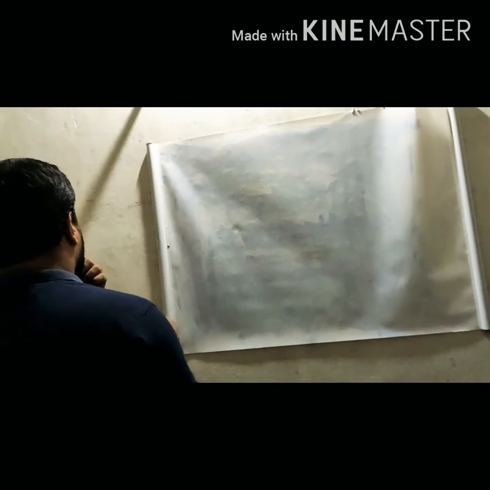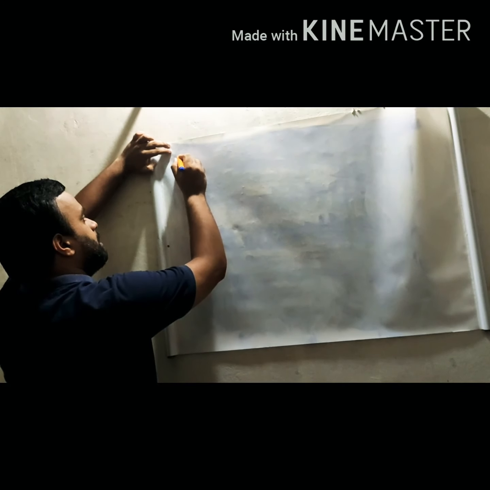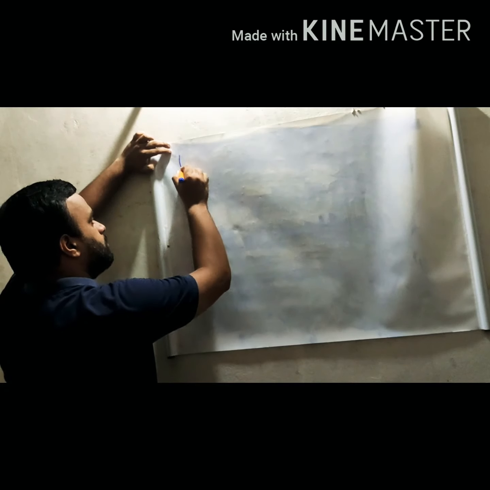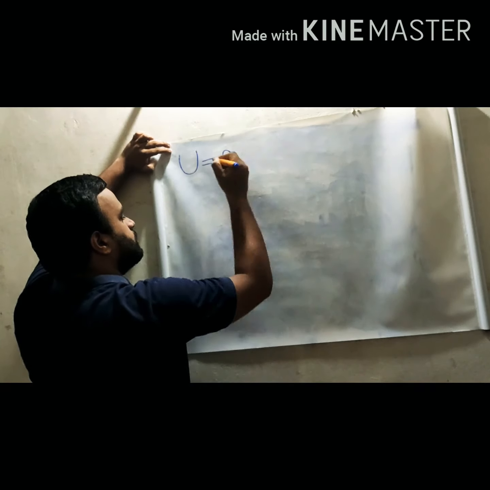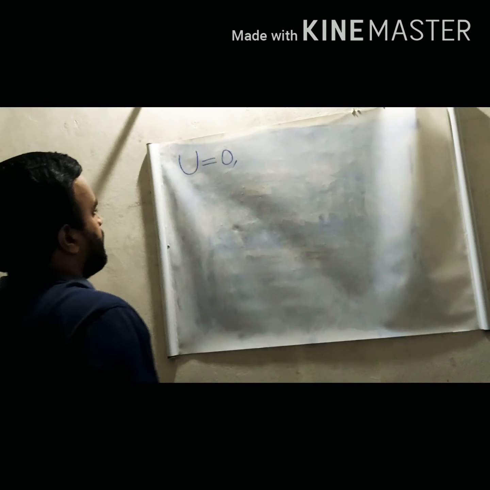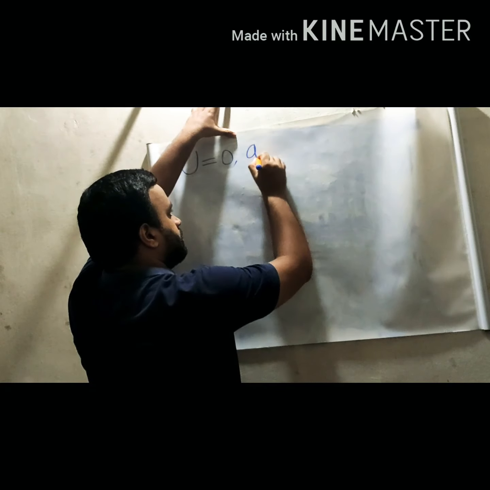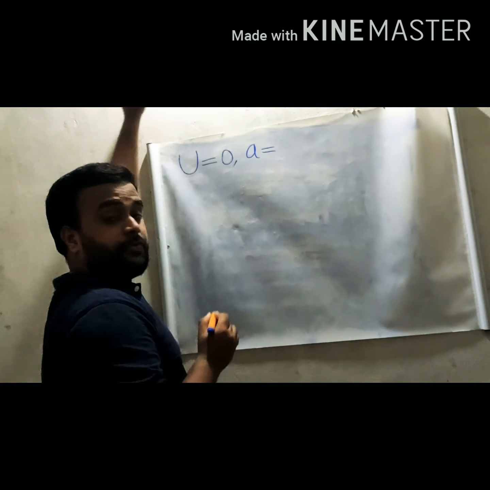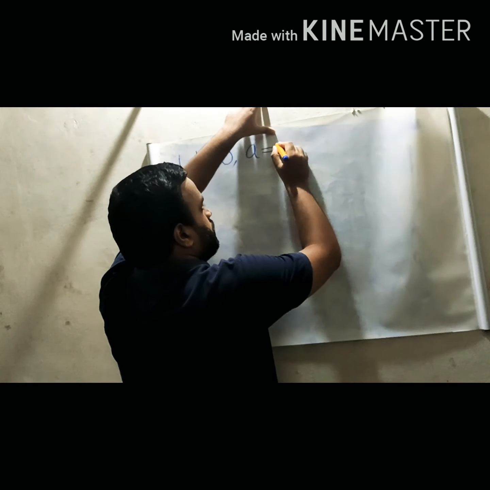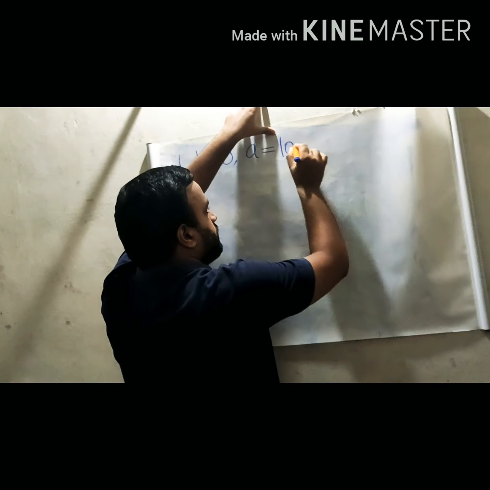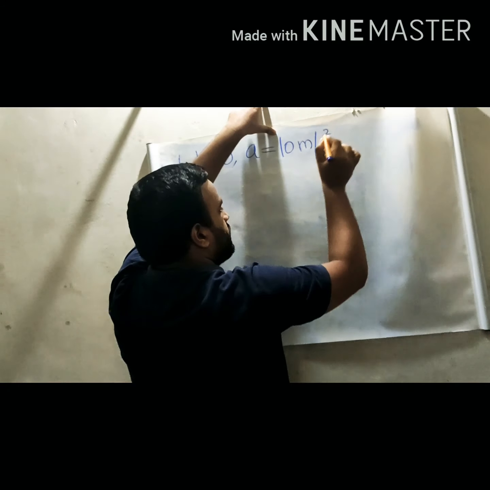It's given that the car is at rest, so its initial velocity u is equal to 0. The acceleration of the car is given as 10 meter per second square.